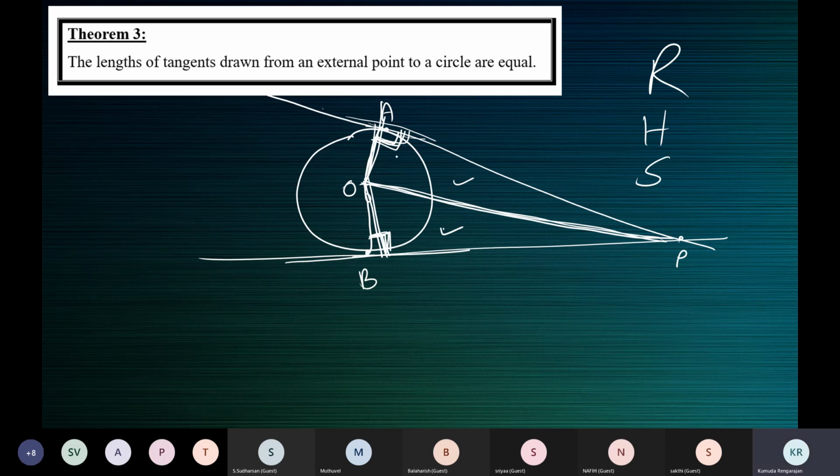In the two triangles, this angle is equal to this angle, 90 degrees. Why? Because radius is perpendicular to tangent at the point of contact. Right angle, hypotenuse OP. OP is a common hypotenuse. And then OA is equal to OB, radii of the circle.